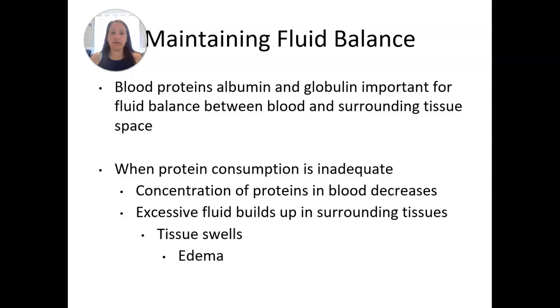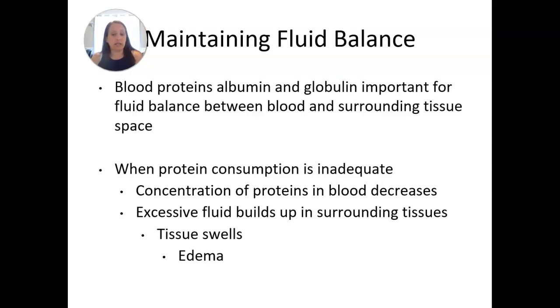Okay, here's another role of proteins in the body. They're involved in maintaining proper fluid balance. The proteins albumin and globulin are two proteins found circulating in the blood, and they're going to be responsible for helping to maintain fluid balance between the blood and the surrounding space around blood vessels, so in tissues.